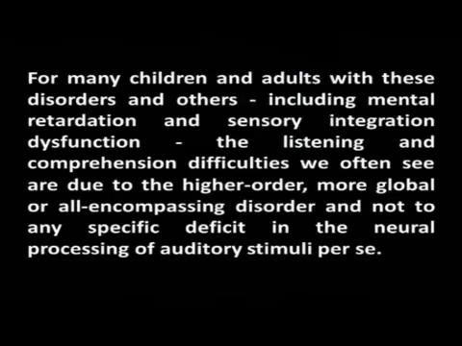For many children and adults with these disorders and others, including mental retardation and sensory integration dysfunction, the listening and comprehension difficulties we often see are due to a higher order, more global, or all-encompassing disorder and not to any specific deficit in the neural process of auditory stimuli per se.